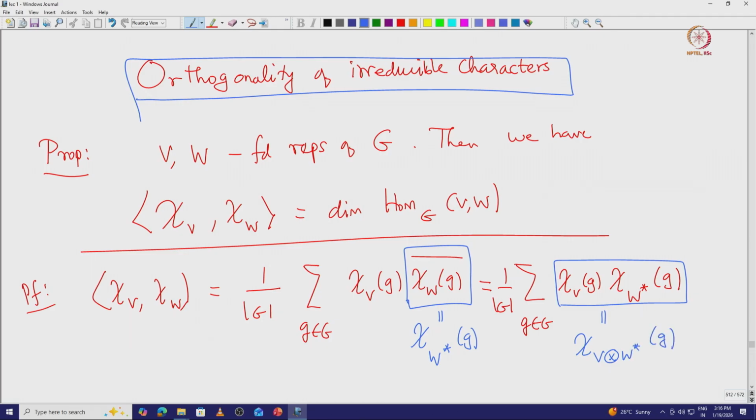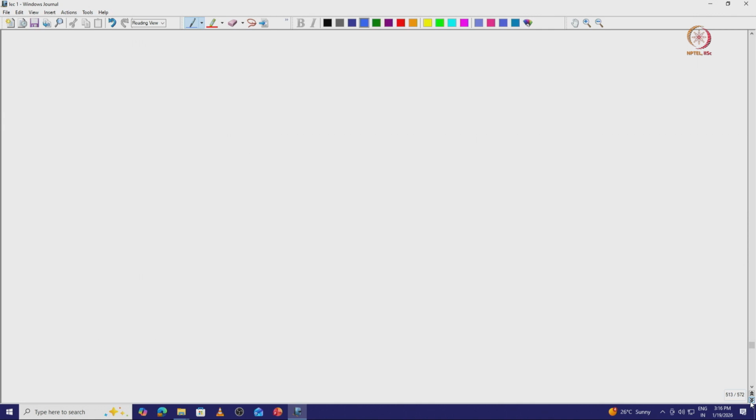So basically we got that the inner product of chi_V and chi_W is exactly equal to the average sum, 1 divided by the cardinality of G times the summation over g in G of chi_{V tensor W*}(g).